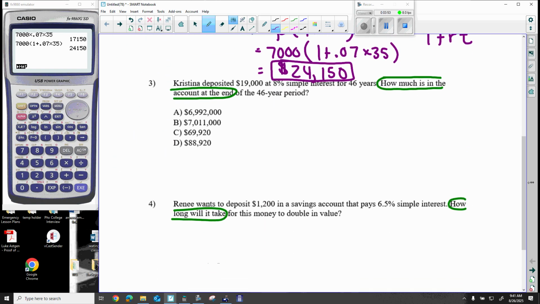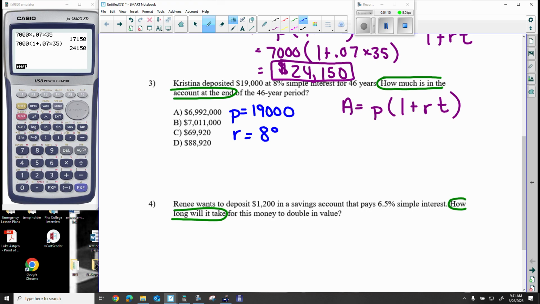Right. Number 3, how much money is going to be in the account? That's again A. All of these are simple interest, so again, make sure you use these. So our start money in this situation is 19,000. Rate is 8%. And the time that this is going to exist is for 46 years.